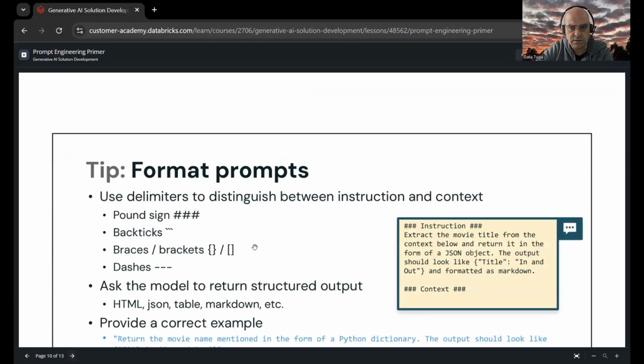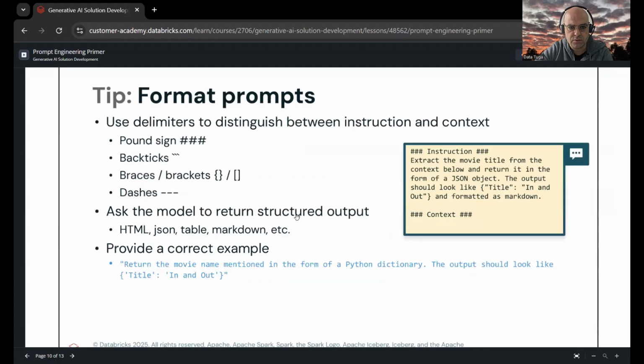Okay, next slide. A tip: use formatted inputs. So put some delimiters when it's extraction. Yeah, these are already used. Pretty cool. Use delimiters.